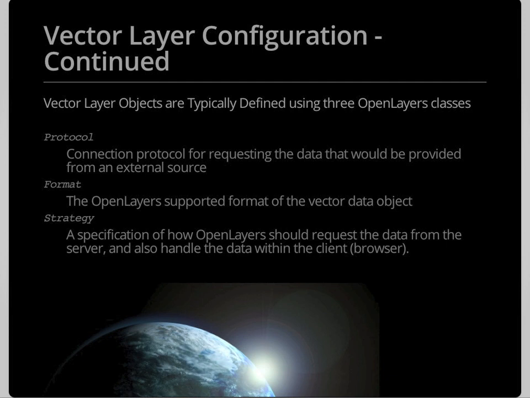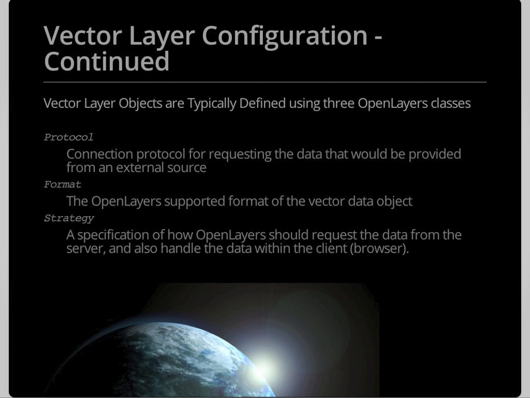And finally, there's a strategy object or class that allows you to modify two aspects of how OpenLayers works with the vector data. The first aspect is how it should request the data from the server, whether it should request all the data at once or whether it should perhaps request only a subset of data based upon, say, the bounding box of the current map area or other criteria.